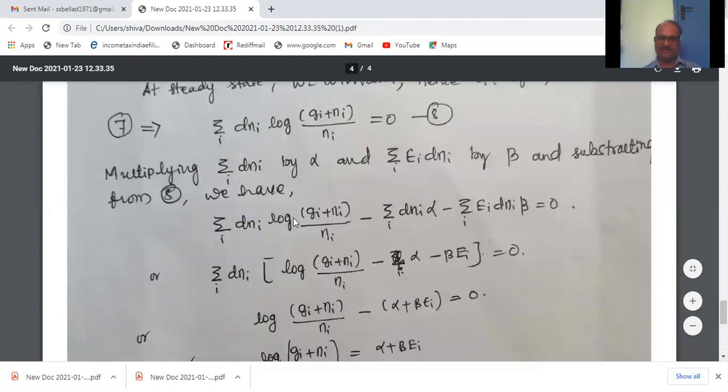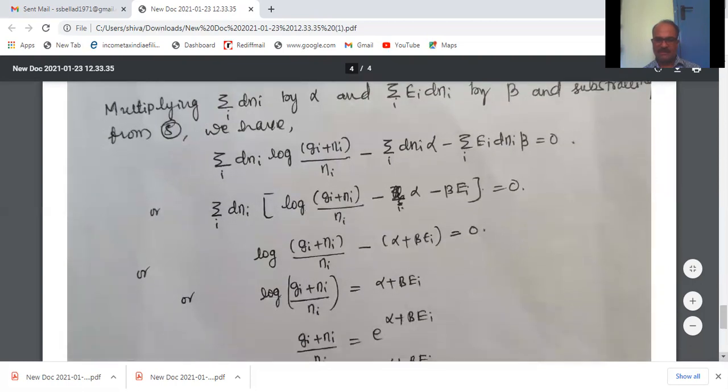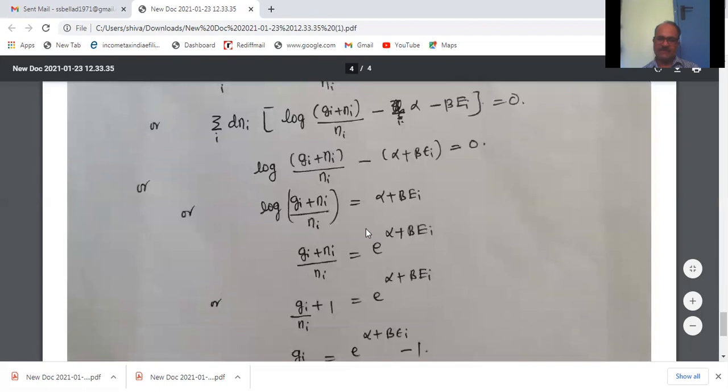So summation of dni is here and here and here. Take it out and write the equation. And next, you send the summation over dni to the RHS, it goes to 0, and the remaining term is this much.